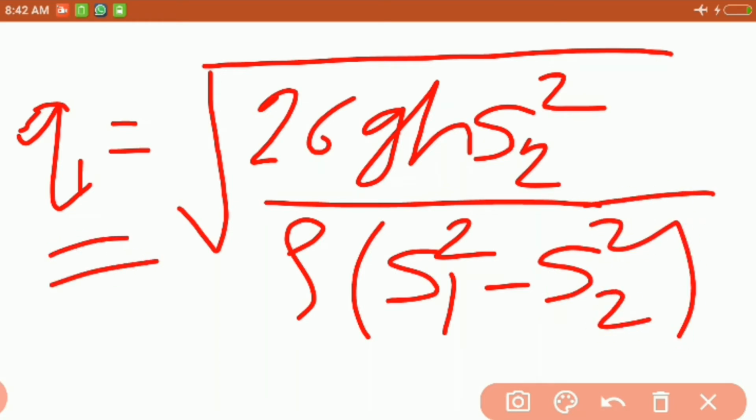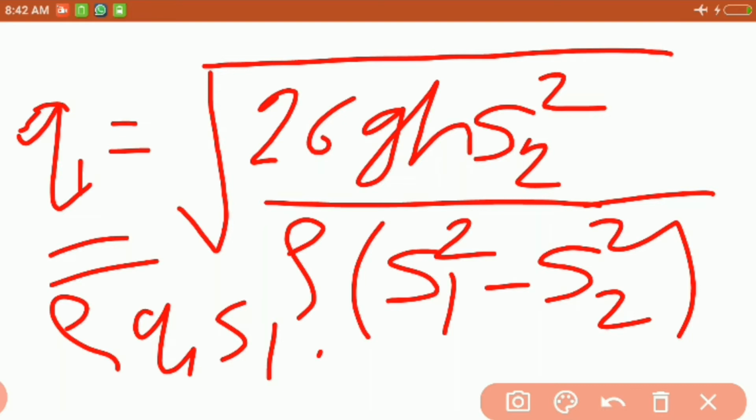We get this Q1. The mass of the liquid flowing through the unconstricted part of the pipe per unit time is then rho Q1 S1. So this is about the Venturi tube.